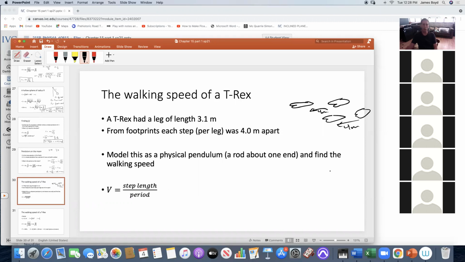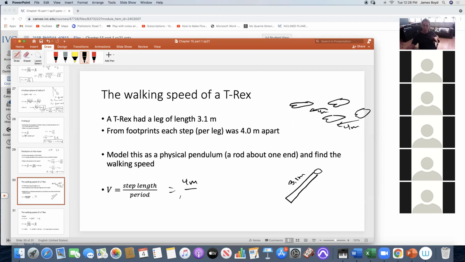So you're going to assume that this is a physical pendulum, 3.1 meters in length, and that every time it hits, it is basically one full period. So one period is going to be that. And you want to determine what its speed was when it was walking from that. So the distance was 4 meters, but you need to find the time.